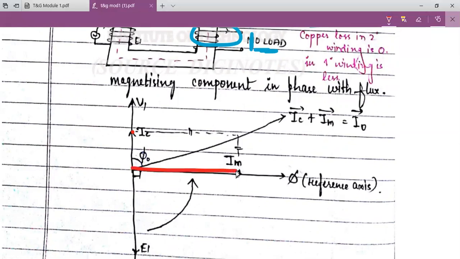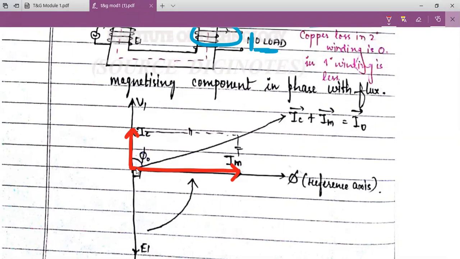Similarly, the core loss component is IC. IC is in phase with V1 because there will be no loss on the secondary side, so I can consider IC in phase with the primary voltage V1. So you understood this.